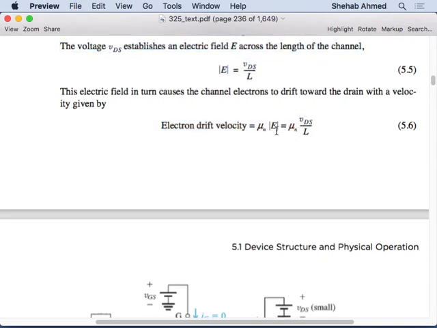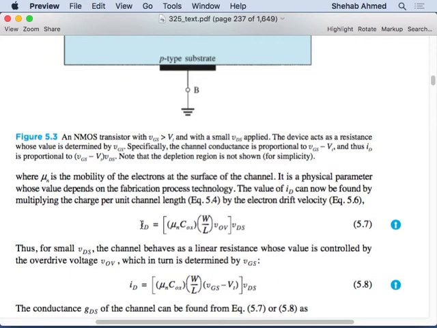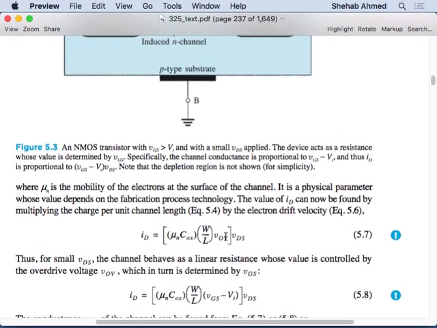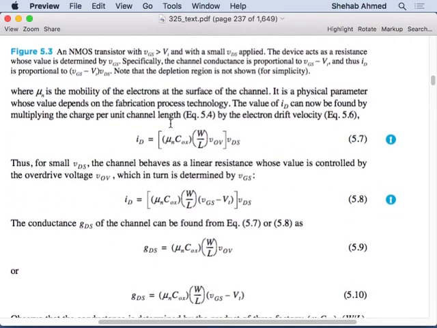The electric field that caused drift was due to addition of VDS. So everything we took, all the previous equations, I combine, and I have an equation for current. It's the current traveling through the channel.